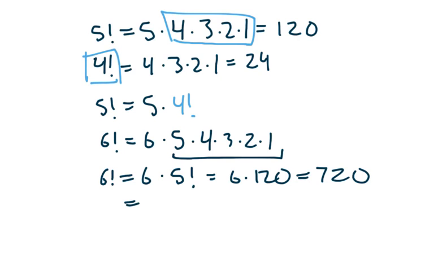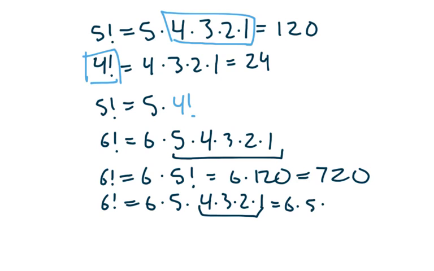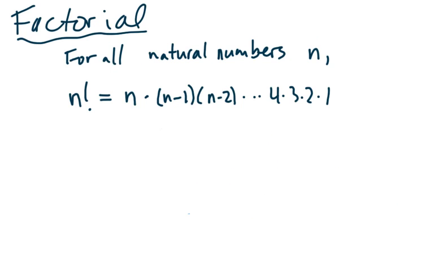But I could also write 6 factorial as 6 times 5 times 4 times 3 times 2 times 1. And we know that this is, wait for it, 4 factorial. So if I know these things, I can say 6 times 5, that's 30, and 4 factorial is 24. And this is going to be 720 also.